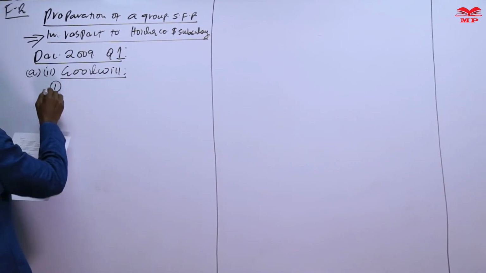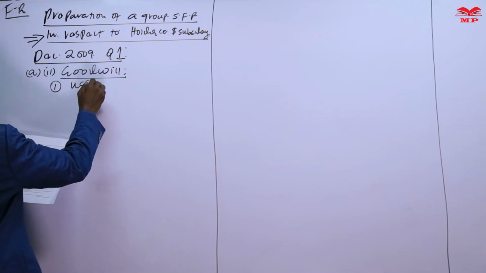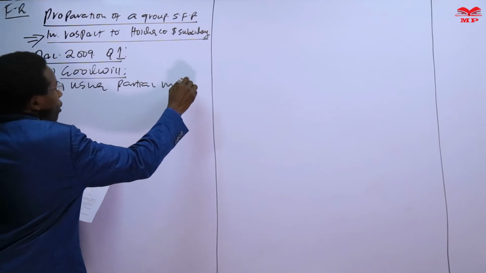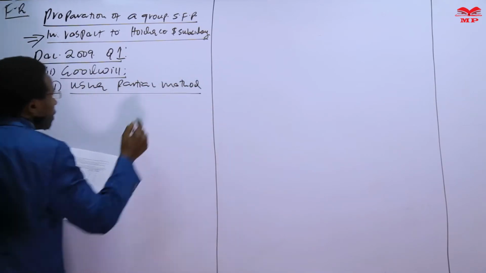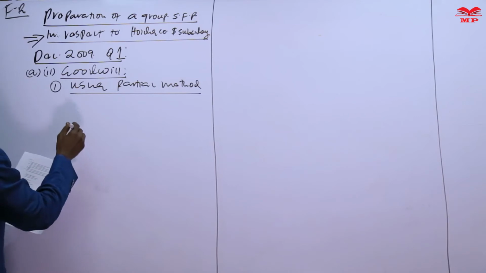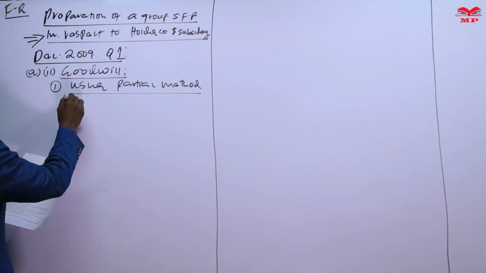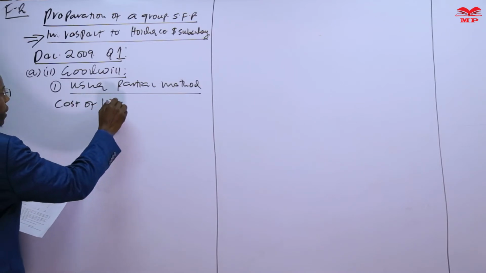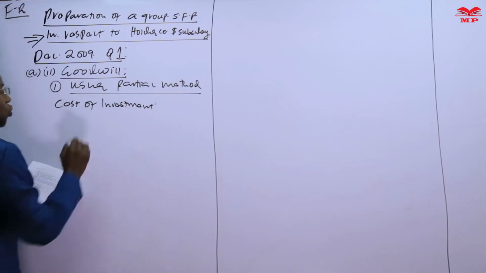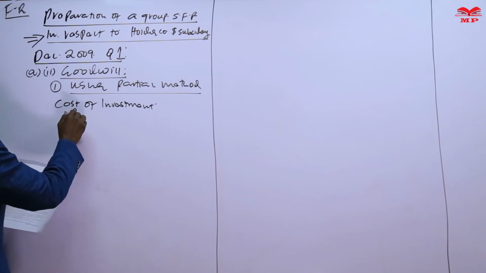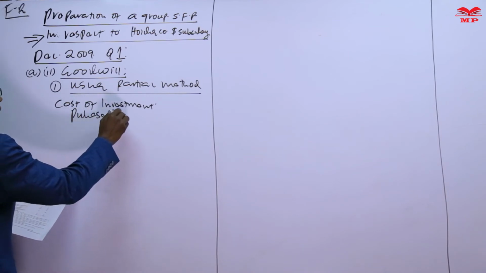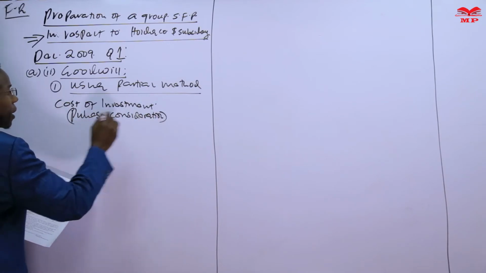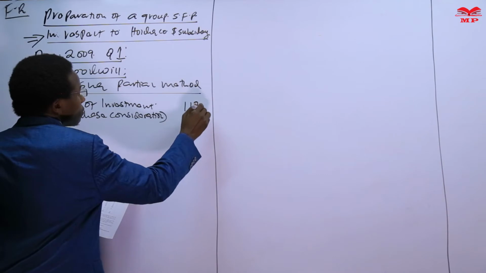Roman 1, that is using the partial method. If we are using the partial method, friends, then we are going to determine goodwill attributable to the holding company only. We say the cost of investment, which is the purchase consideration. Our purchase consideration here is 117 million.